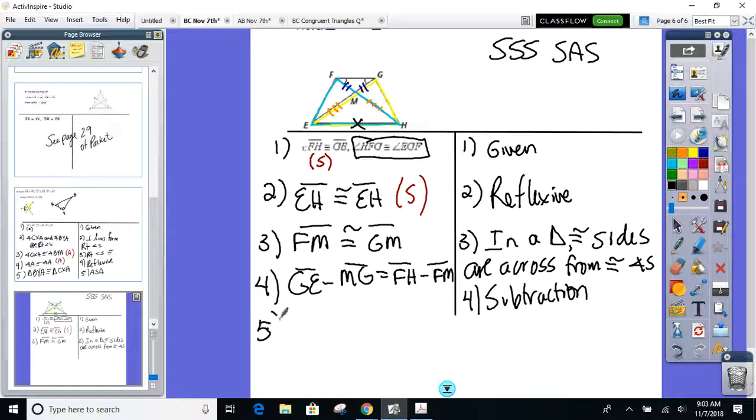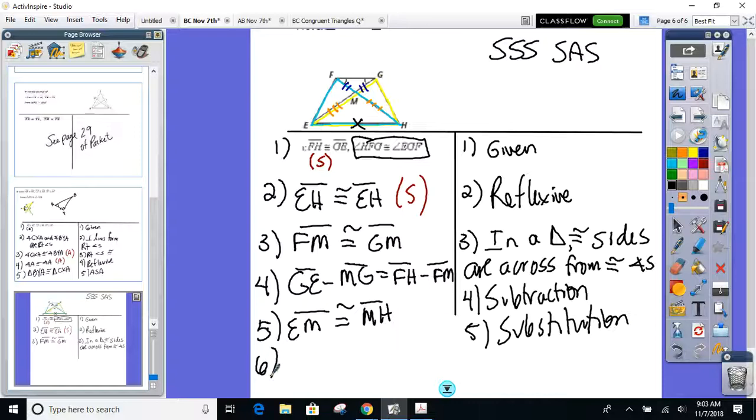Then I could say by substitution that EM and MH are congruent. And that does not give me a side, but that will lead me to the angles.